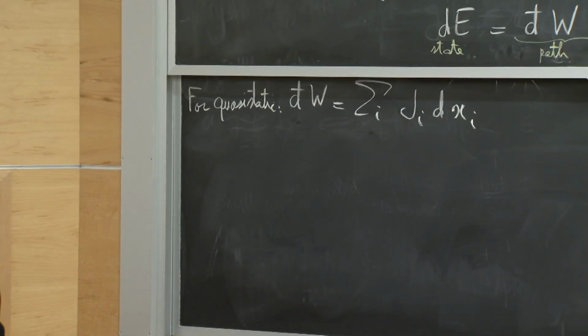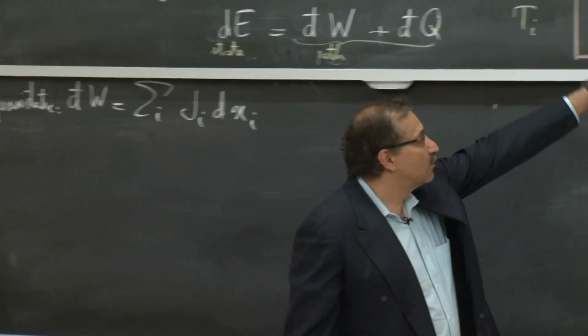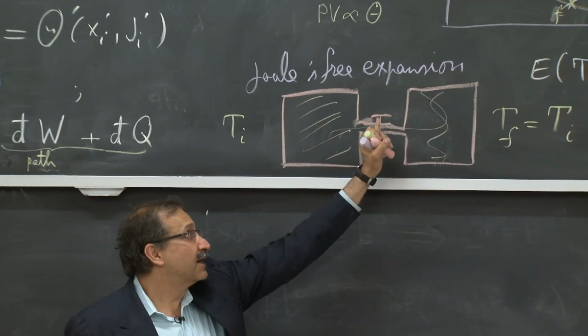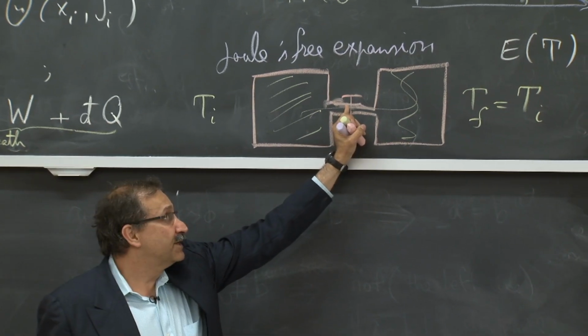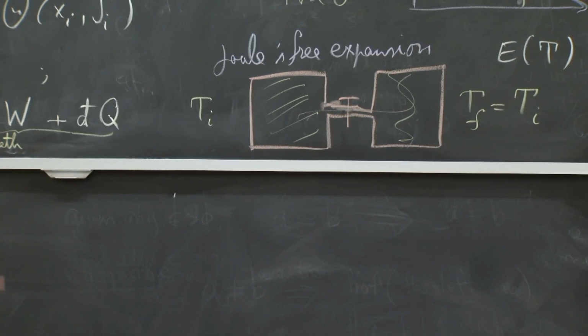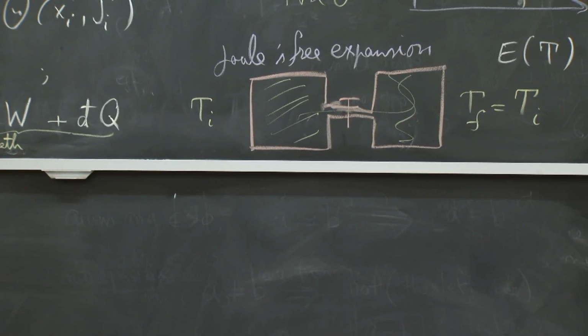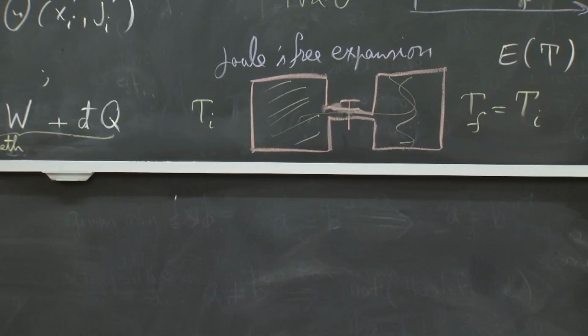Okay? And so in principle, rather than opening this immediately, I could have put a slow piston here, and changed its position slowly so that at each stage I can calculate where I am on the PV diagram, and I could have calculated what the work is and used this formula to calculate the contribution of the work to the change in internal energy.